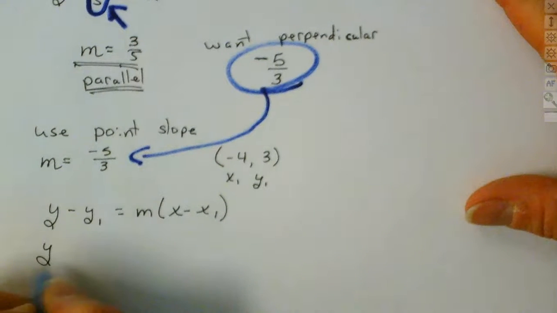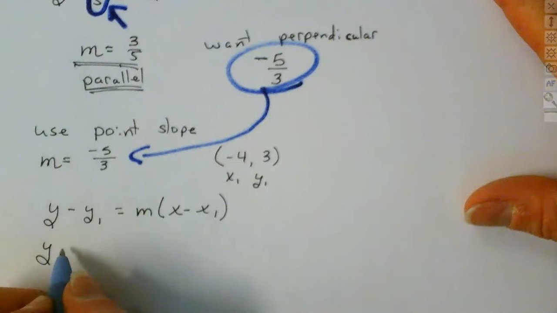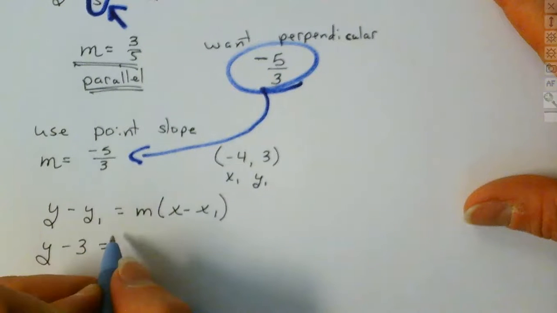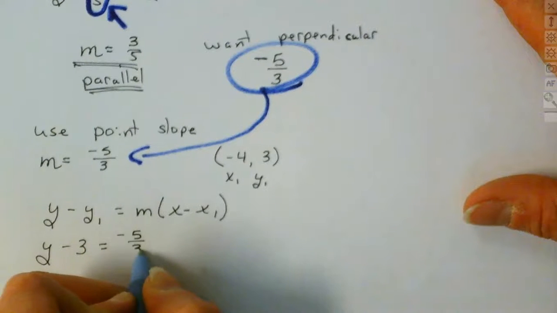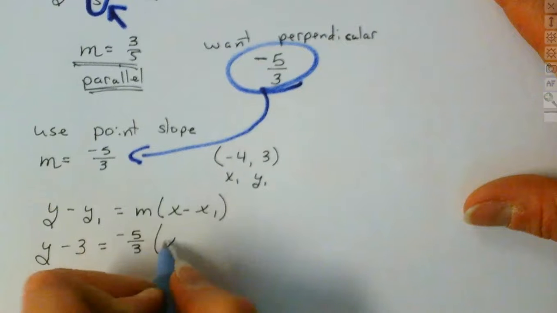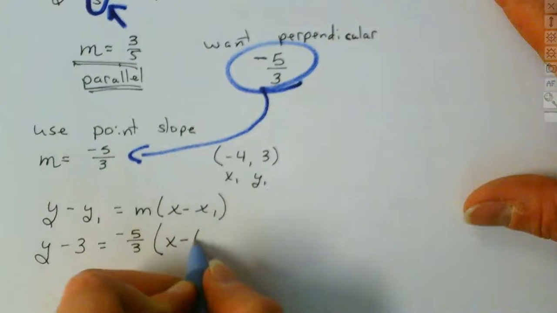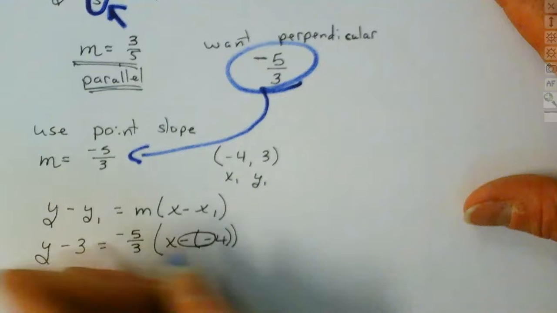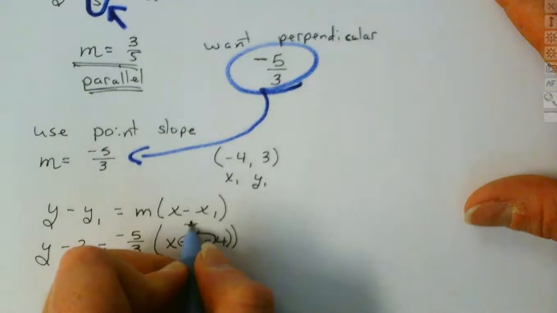So what we have first is we have y minus 3 equals, we've got a minus 5/3 times x. Now watch out for the double negative, minus a minus 4. And that double negative makes it a positive.